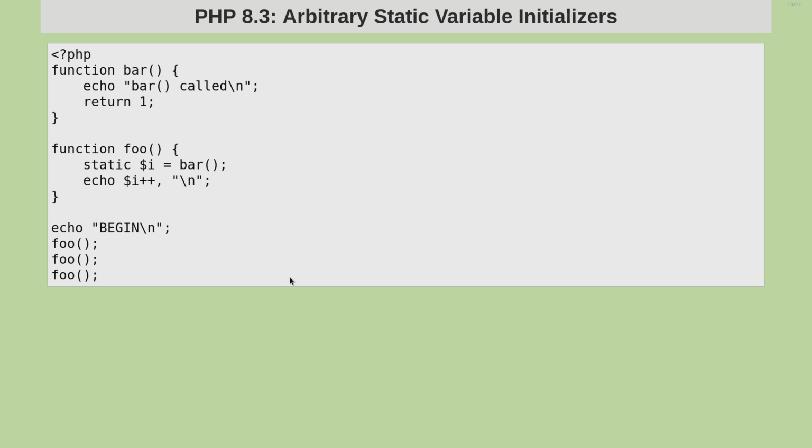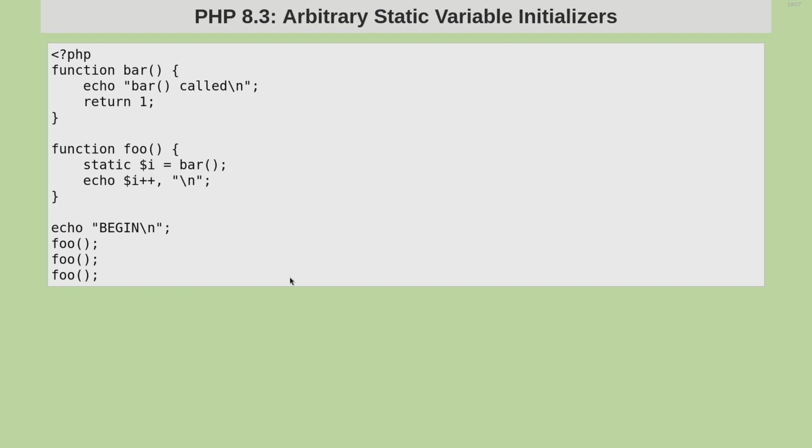And it didn't matter where in the function these were. It's just where you had declared them, even if they were not executed, it would just overwrite the first one when you call a function for the first time. What you also couldn't do is use the return value of a function or method as your static initialization value. So before PHP 8.3, you couldn't do this, it would throw a parse error.